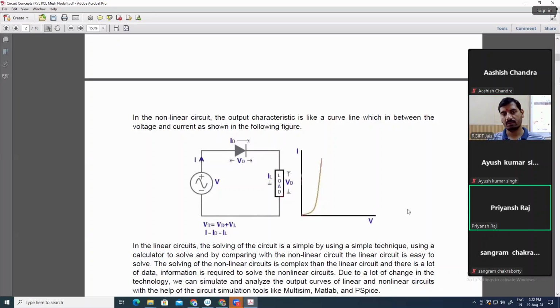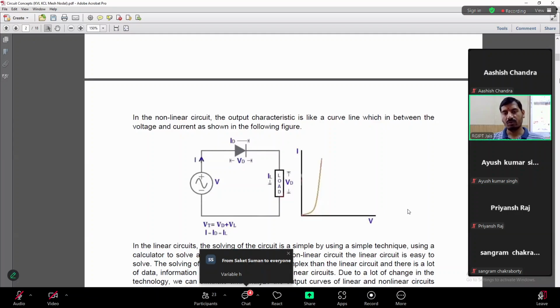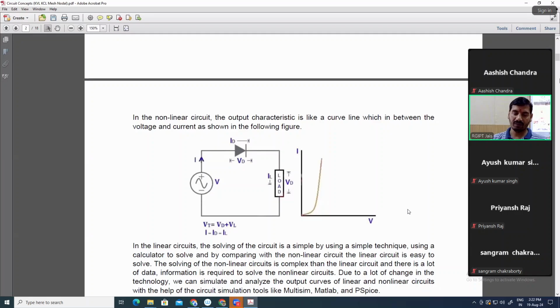Because the IV graph is not a straight line and not passing through the origin. Yes. So in a diode, we can see that in the VI graph, there is no linear relationship between voltage and current. There is no straight line in this VI graph, and the current increases exponentially after a certain point.